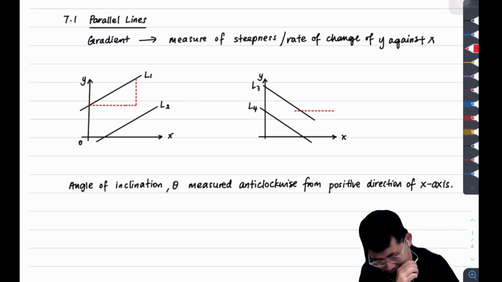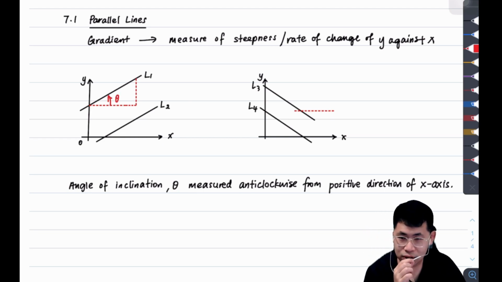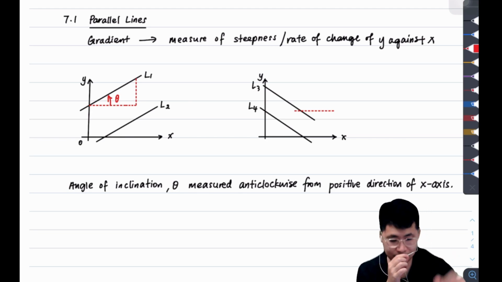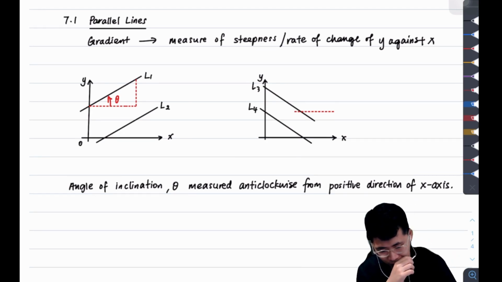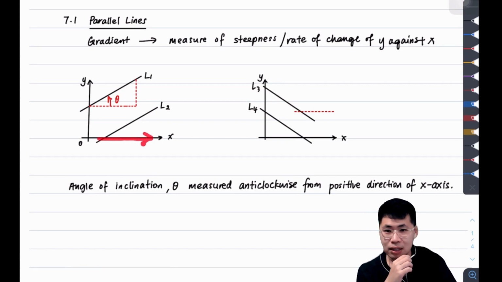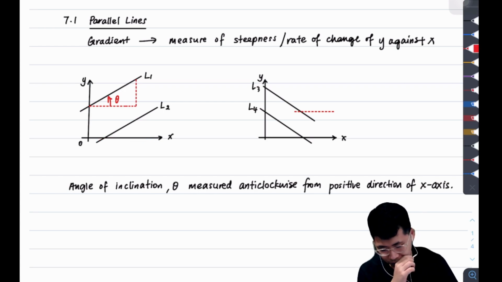The angle will be the anti-clockwise angle from the horizontal, in the positive direction of the x-axis. So this angle over here is our angle of inclination. In the same way, for L2, over here is the positive direction of the x-axis, so based on this line, the angle of inclination will be over here like this.